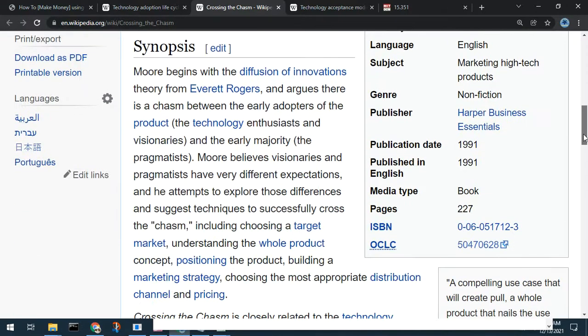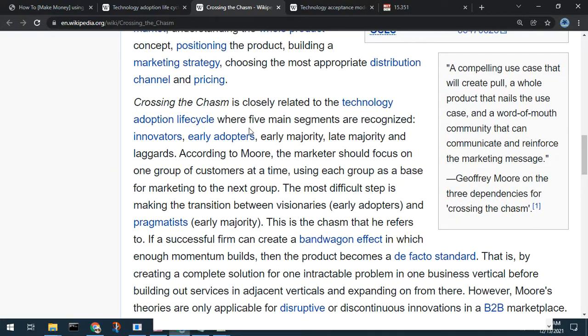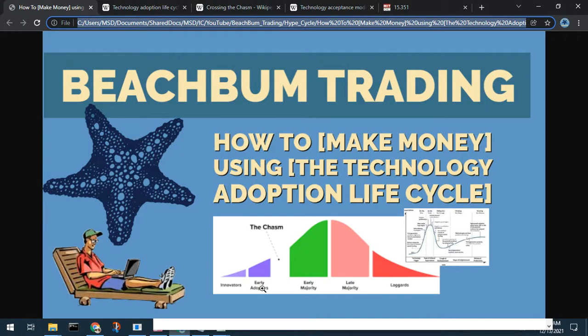And you can see here it talks about what it means to cross the chasm. What is that chasm? We can see it's a break between the innovators and early adopters and the early majority, late majority. This is the most difficult step, making that transition between the visionaries, the early adopters, and what he's calling the pragmatists, the early majority, which is again breaching this chasm between early adopters and early majority.